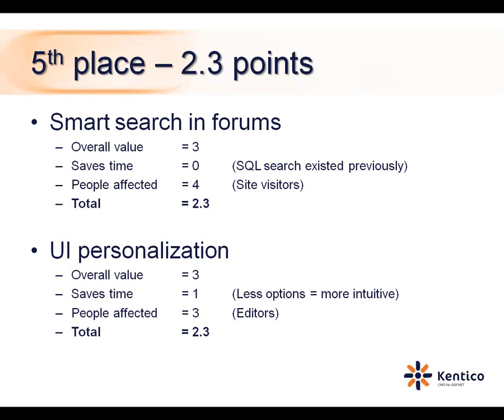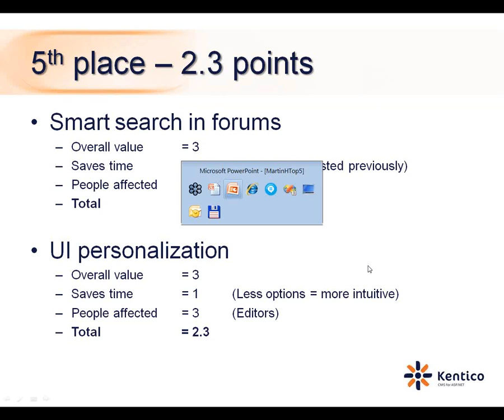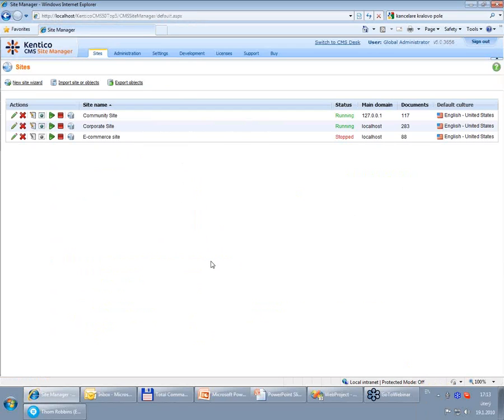So these are the two features on the fifth place, and I decided that I'll let you know which feature is on which place, and then I'll show you where you can find them and what options are available for them. So let's go to the project.